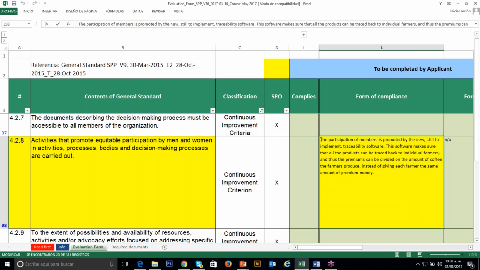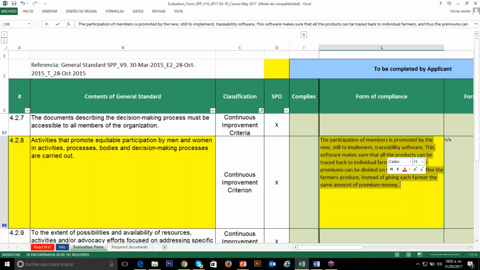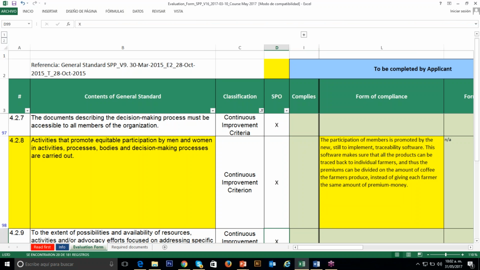The participation of members is promoted by the new, still to implement traceability software. This software makes sure that all the products can be traced back to individual farmers, and the premium can be divided on the amount of coffee the farmers produce instead of giving each farmer the same amount of premium money.